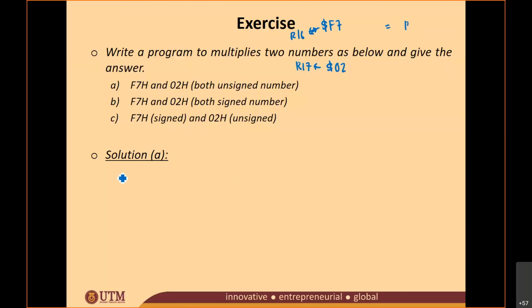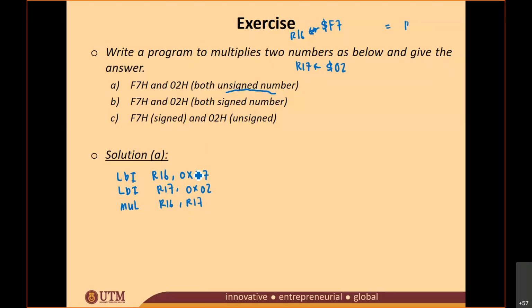So write down the program: LDI R16, 0xF7, then LDI R17, 0x02. And then what you're going to do? Just use the MUL because both are unsigned numbers. Using MUL R16 R17.